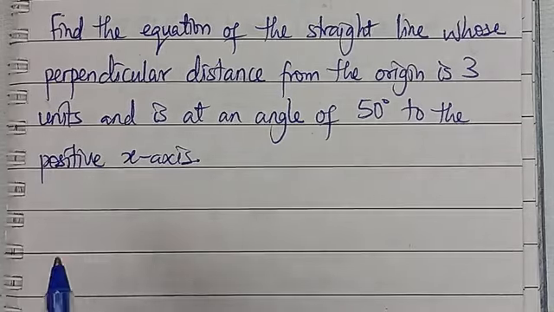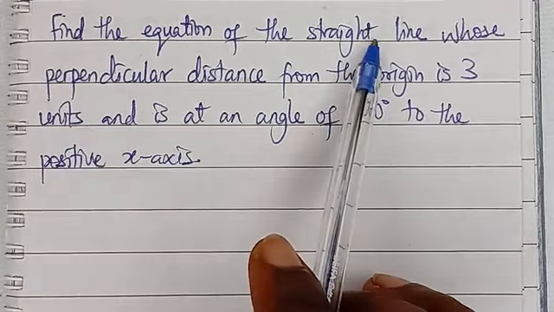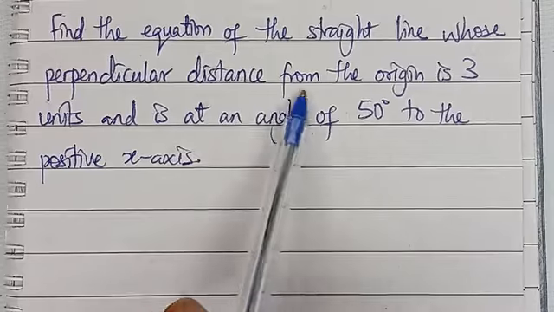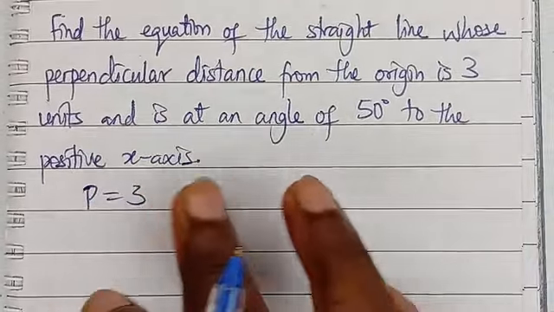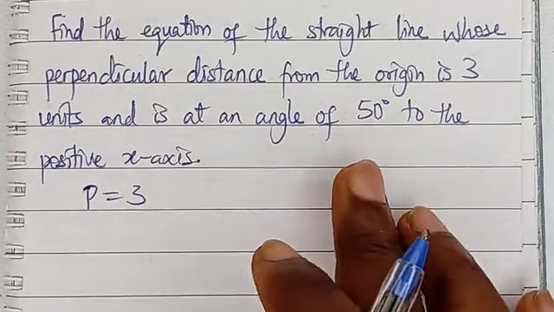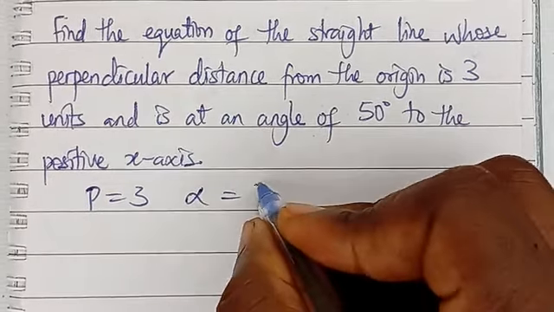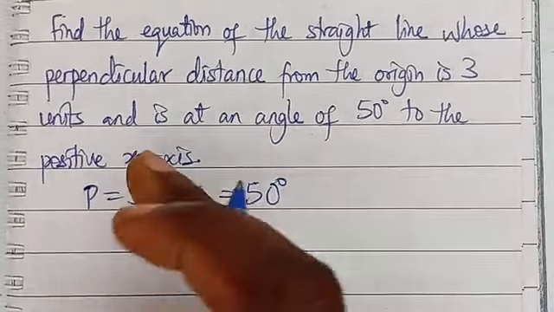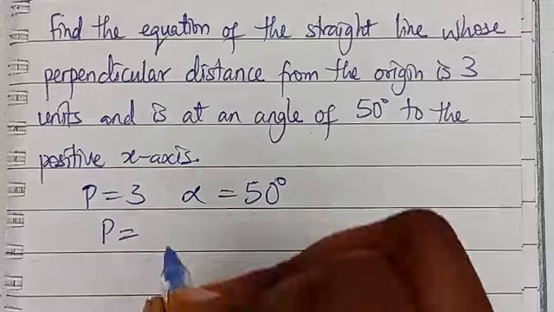Let's solve one more to consolidate what we have learned. Find the equation of the straight line whose perpendicular distance from the origin is 3 units and is at an angle of 50 degrees to the positive x-axis. So alpha is equal to 50 degrees, positive x-axis. Okay, we write out the relationship.